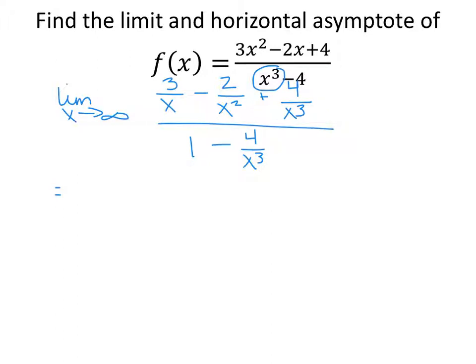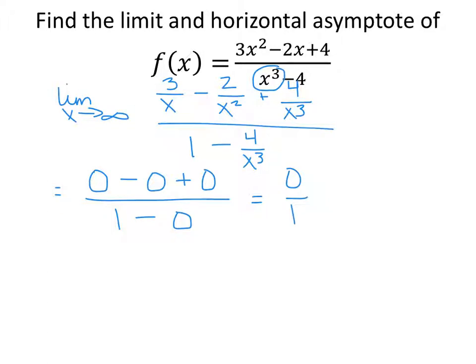So as I take this limit, the limit as x approaches infinity of 3 over x is going to equal 0. The limit as x approaches infinity of 2 over x squared is 0. The limit as x approaches infinity of 4 over x cubed is also 0, over 1 minus that 0. So we really have 0 divided by 1. So this tells me it is equal to 0.